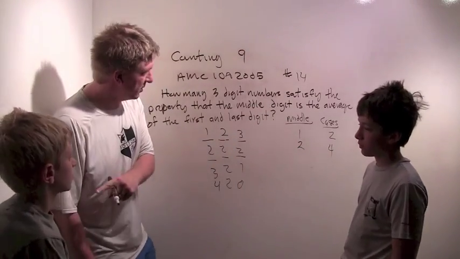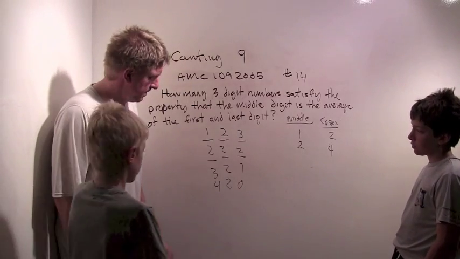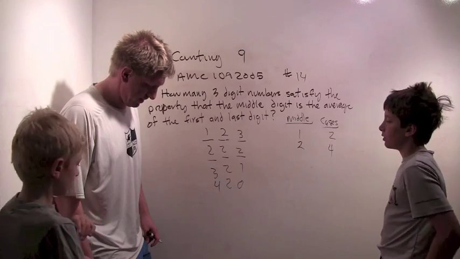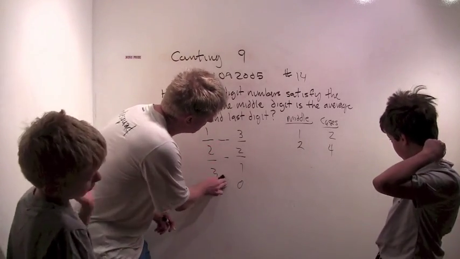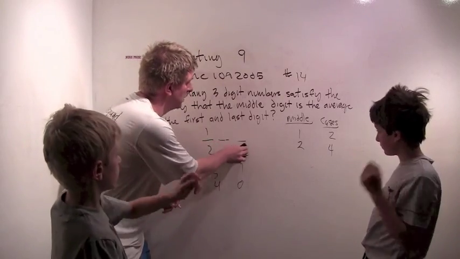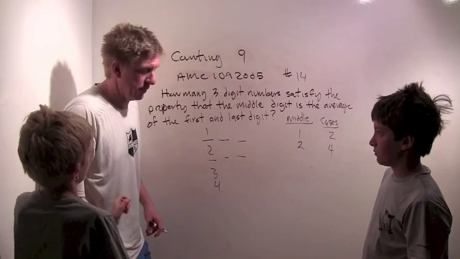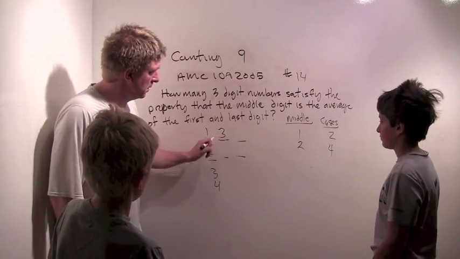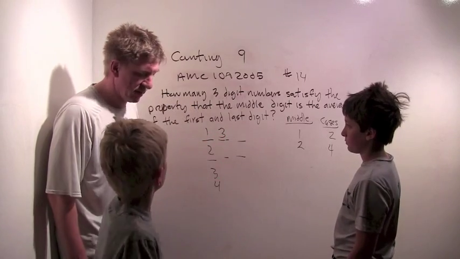Okay. So can you tell me how many cases there are going to be when the middle digit's 3? Well, then the sum has to be 6, so you have 1, 5, 2, 4, 3, 3, 4, 2, 5, 1. Wait, what does the sum have to be? It has to be 6 between these two. Okay, so what's the first case?